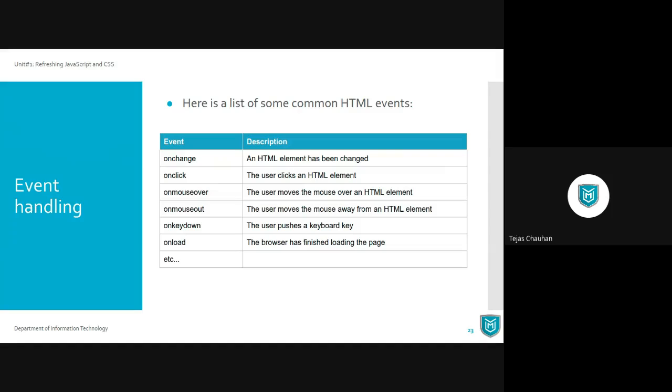So there are a number of events available in HTML. You can even search for the HTML event list on the internet, and you'll have the entire list of all possible events there. Now, when we access those events in the HTML part, we prefix them with on. So that's why it is onchange, onclick, onmouseover, onmouseout, onload, and so on.